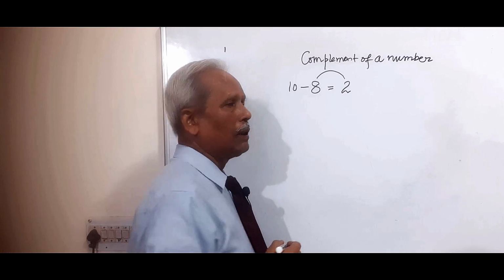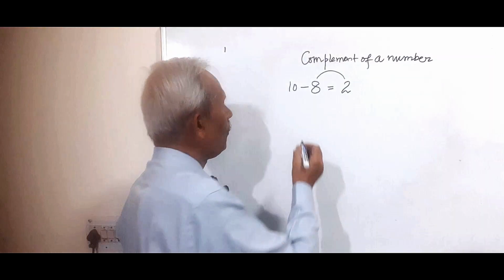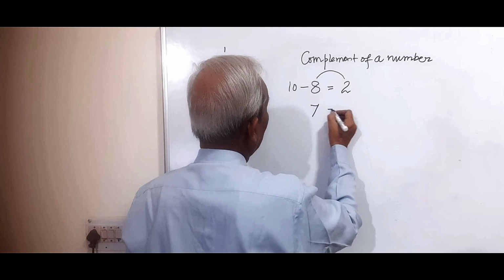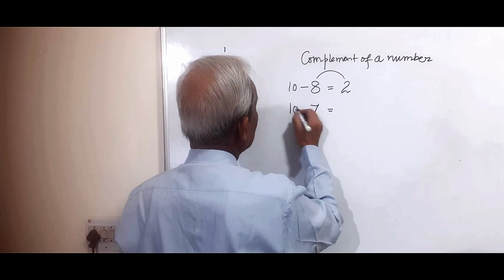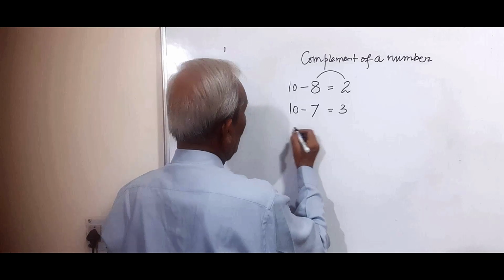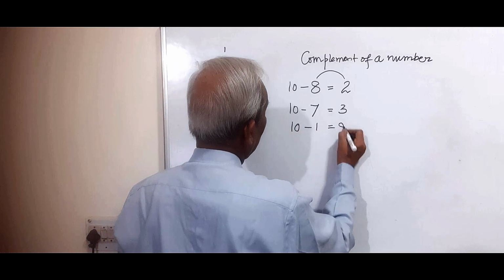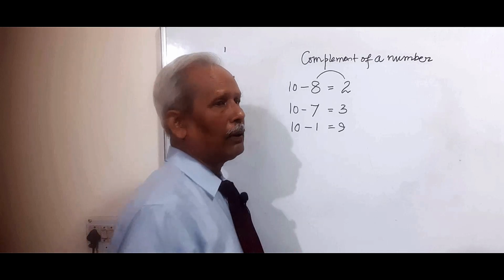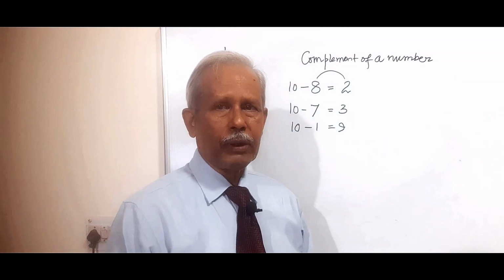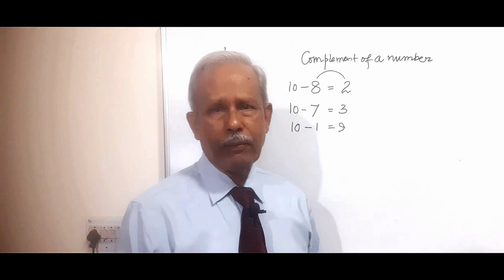Similarly, what is the complement of 7? Obviously you will say 10 minus 7 is 3. What is the complement of 1? It's 10 minus 1, which is 9. That means for any number, the difference of that number from its nearest base is known as its complement.